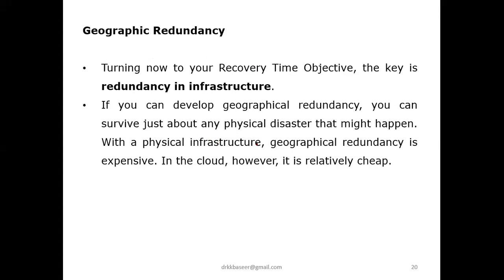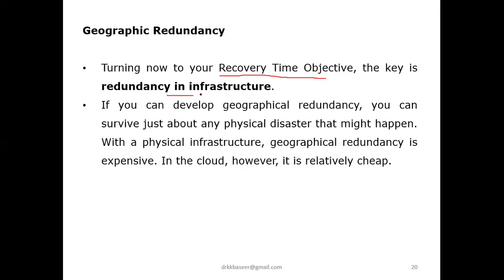We have seen that RTO is mainly focused on how much time it takes to recover. Now to recover, what we do is maintain different infrastructures in different locations. That is called geographic redundancy.